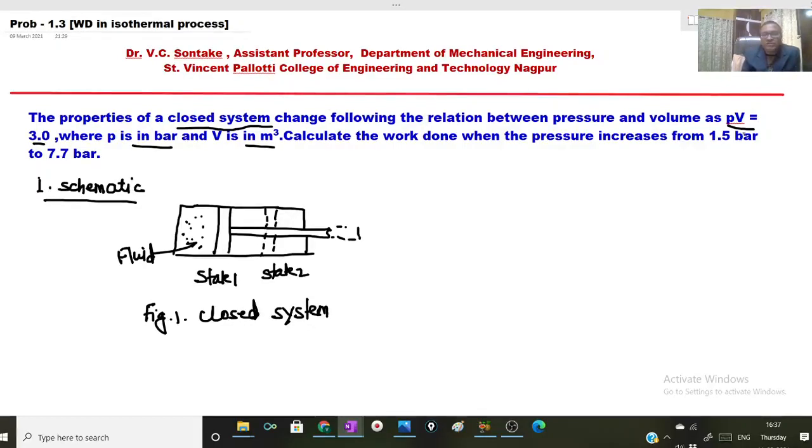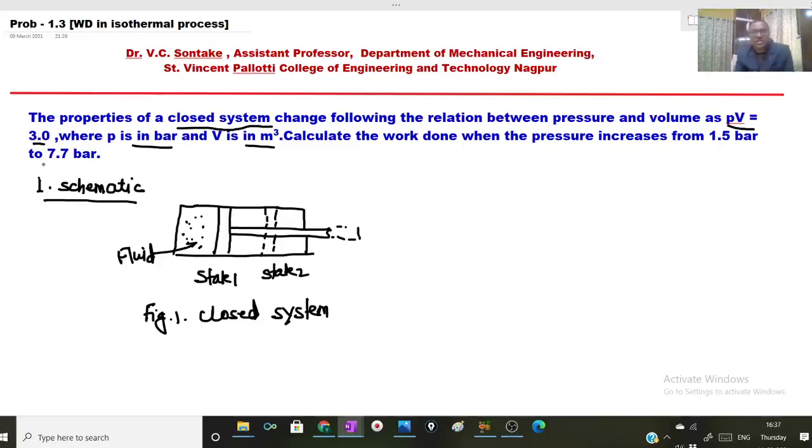Now we have been given the governing equation for this process as PV = 3. So PV equal to any constant is the governing equation for the isothermal process, because here the value of the polytropic index n is 1. So the given process is an isothermal process.